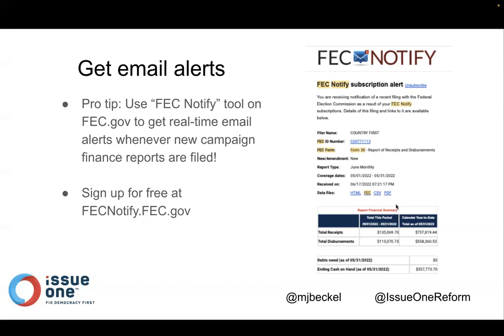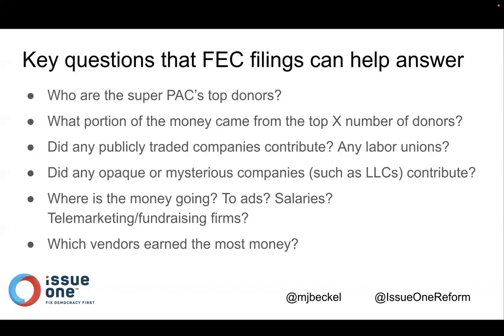It's got a table saying this is how much was raised, this is how much was spent, this is the ending cash on hand, and it allows you to download that CSV file if you want to jump into the data yourself, or go to the website, see the HTML file, see the PDF file. All of these links there in those email alerts, just a tremendously helpful tool to monitor the groups, the candidates, the party committees, the PACs, the super PACs, anything that reports to the FEC, you can get these email notifications about. Super, super helpful.